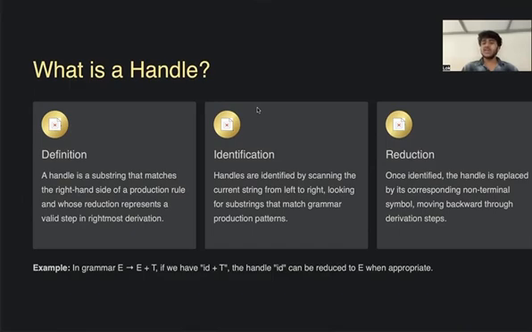And the third one is reduction: we replace it with a non-terminal symbol. For example, if we have a rule E → E + T and the string contains id, we can reduce id to E when appropriate. In simple terms, a handle is a part we reduce step by step during the parsing.